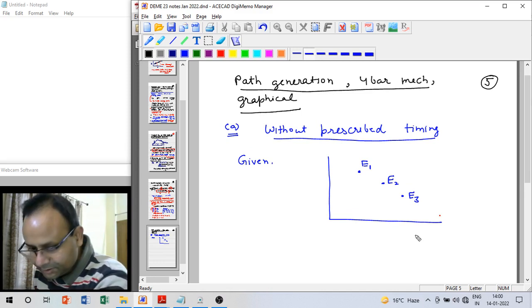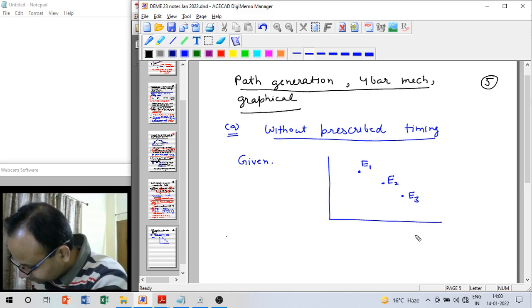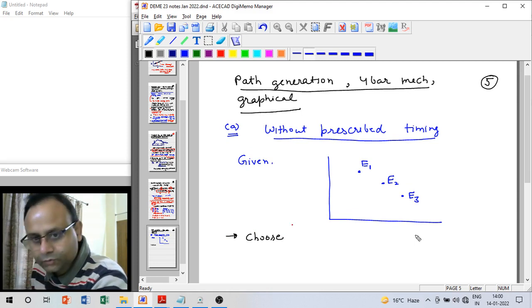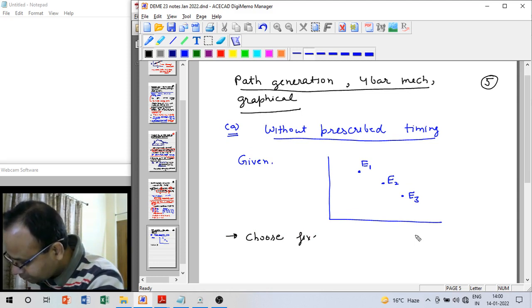Okay, so the method is first we choose fixed points.